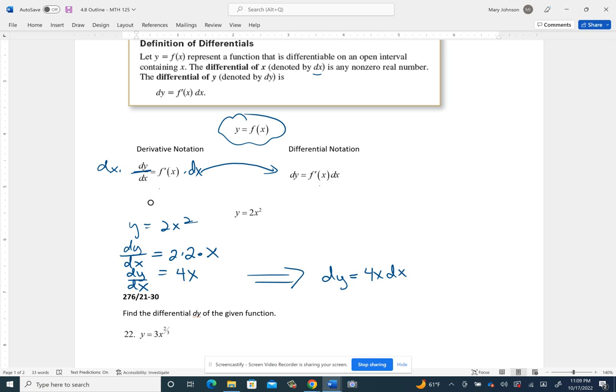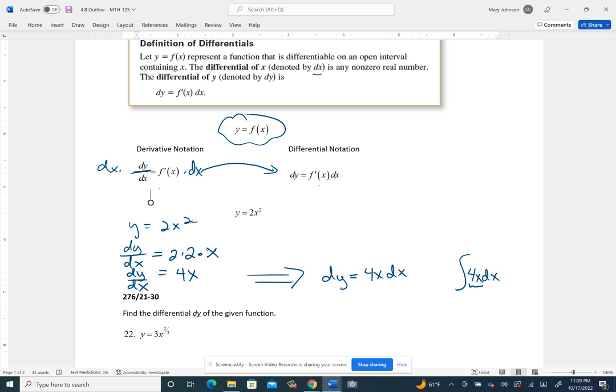Okay. Now this differential notation, you really see it when I get into chapter 5. For instance, in chapter 5, we're doing something called an integral. This is the notation for it. And we're going to be integrating 4x dx, which means we're going to be looking for what was the function whose derivative turned out to be 4x.